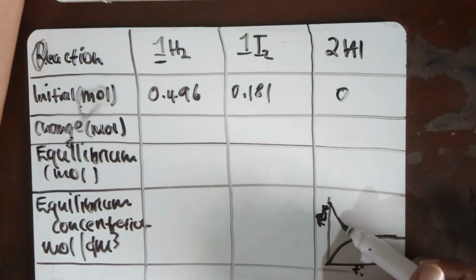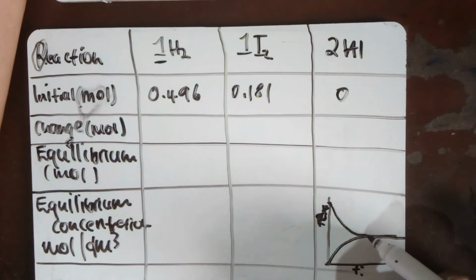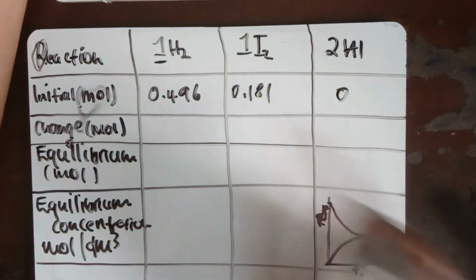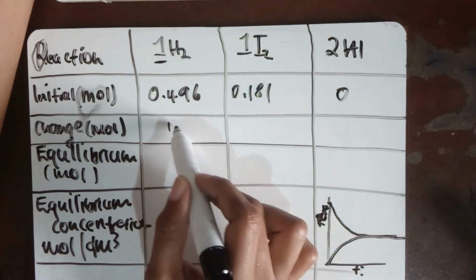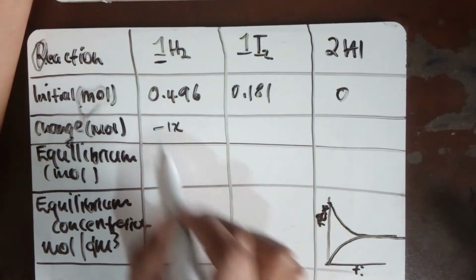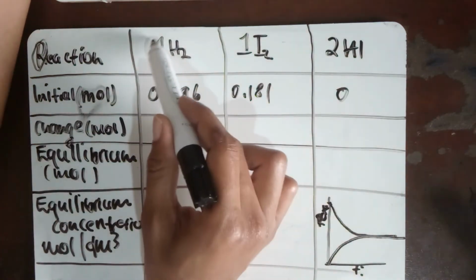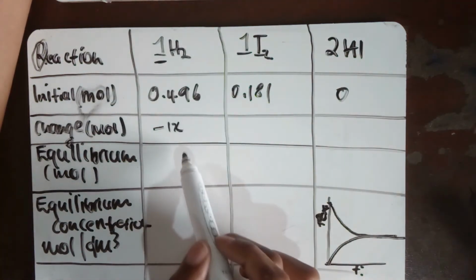Here it's decreasing, and that number we'll call x. But because the coefficient is 1, we'll simply say it decreases by 1x. And because it decreases, we'll put a negative x. If the value here was 2, we'll say it decreases by 2x.